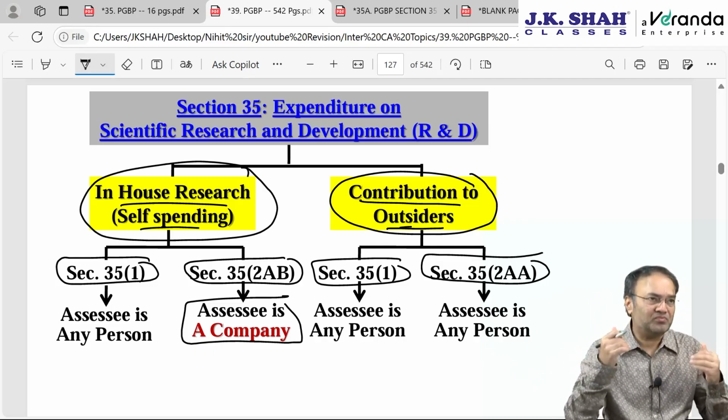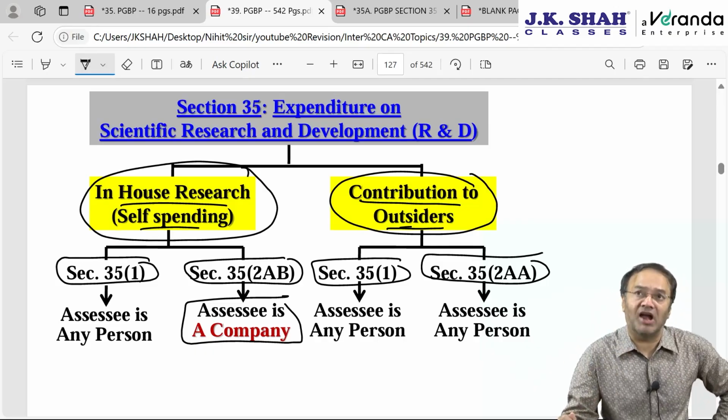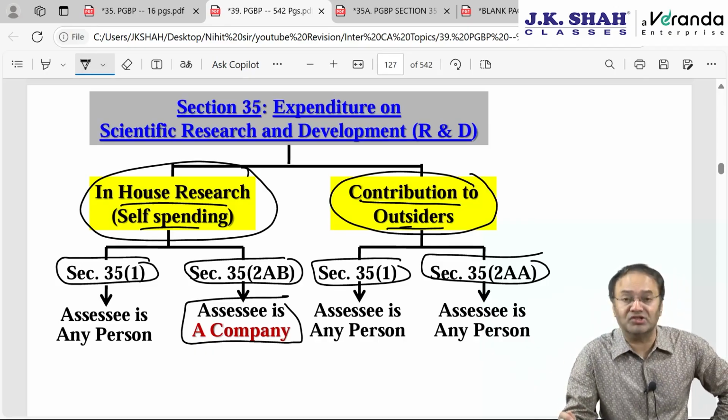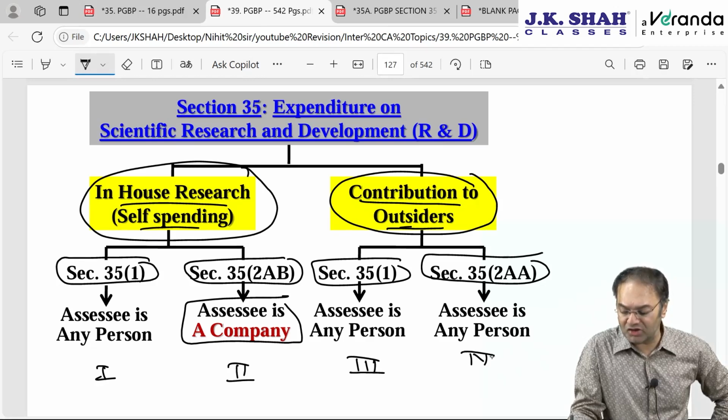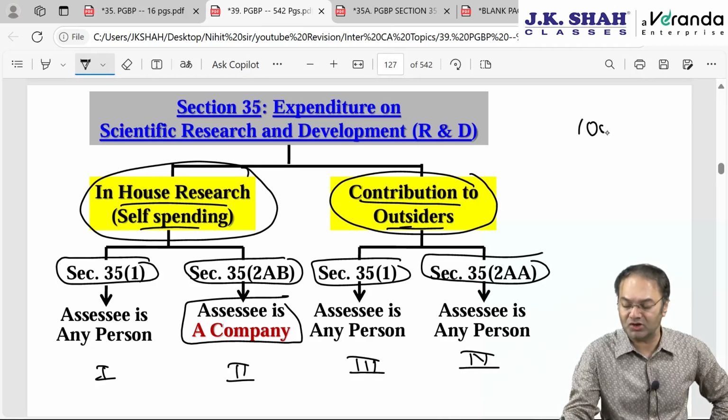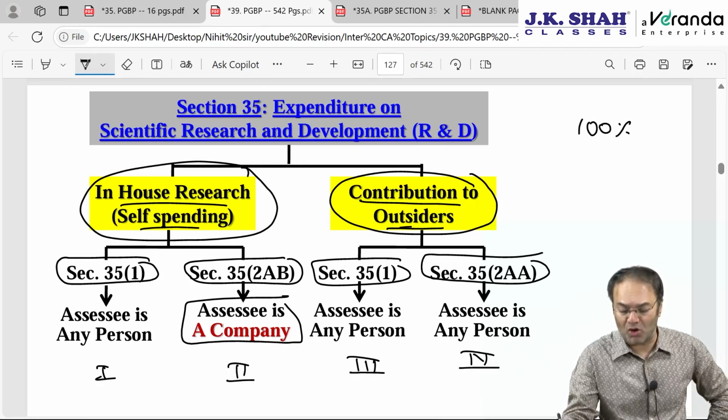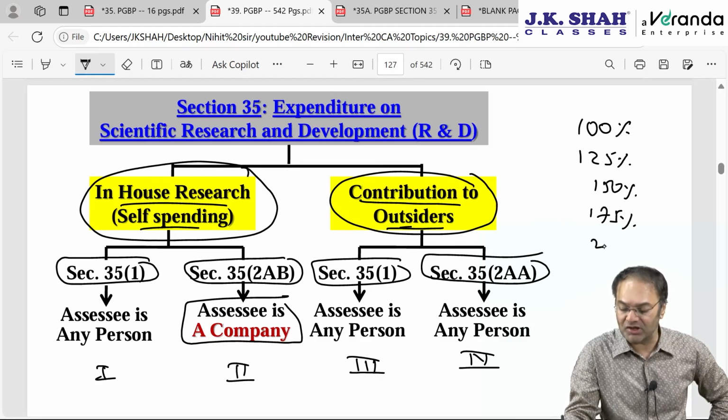Up till the Modi government, prior to that, this section used to be considered a very important section, because here I divide them into 4 categories, category 1, 2, 3, 4, and everywhere different deductions were allowable. Some places it was 100% of the amount spent or contributed, some places 125%, some places 150%, some places 175%, and some places 200% also, double deduction.